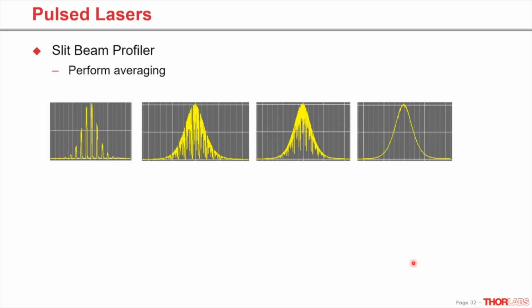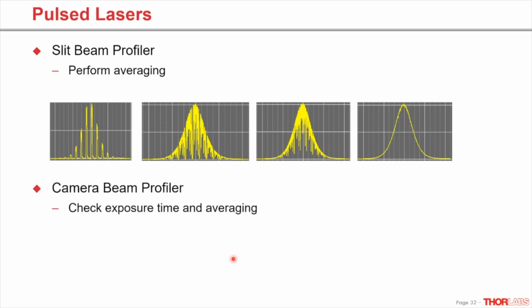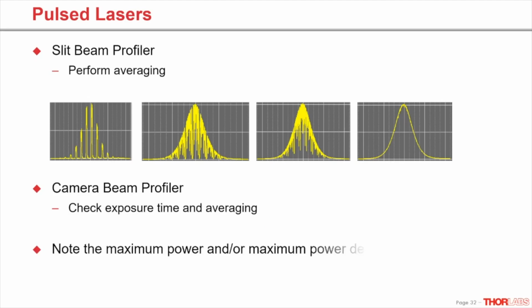With camera beam profilers, the exposure time can additionally be increased, and here you need to take care about sensor saturation again. In general, as for any laser measurement device, please stay within the maximum rated power or power density levels to not destroy the instrumentation.